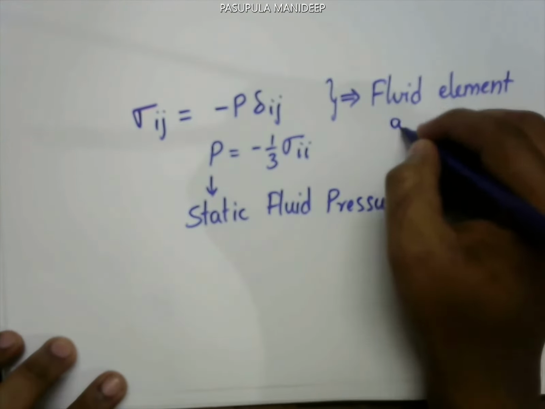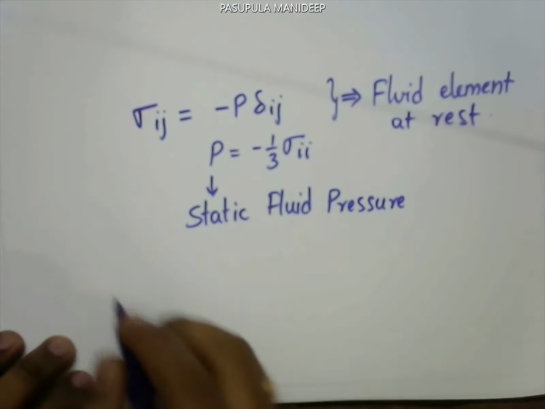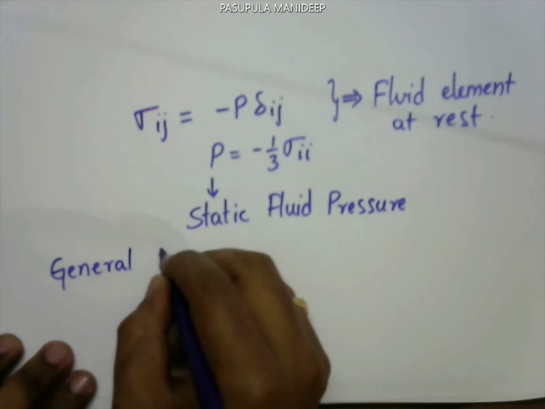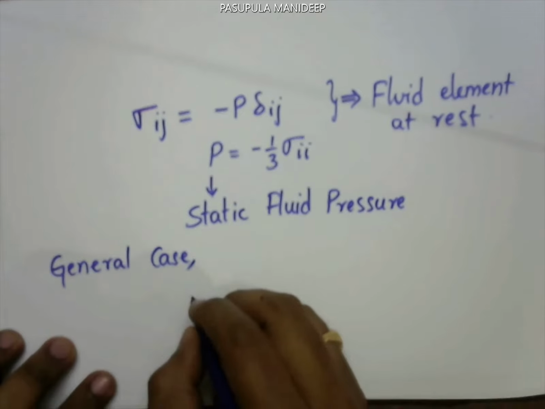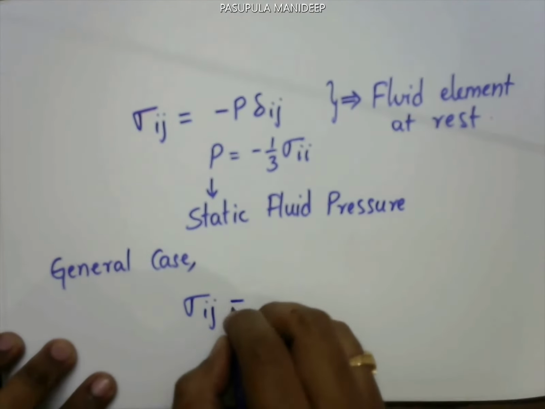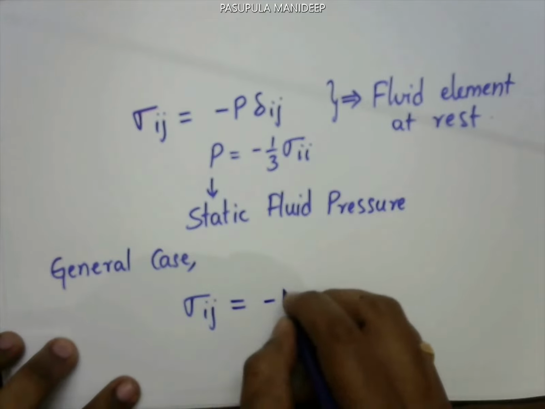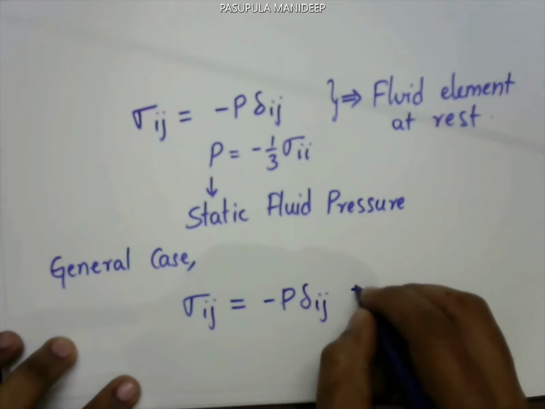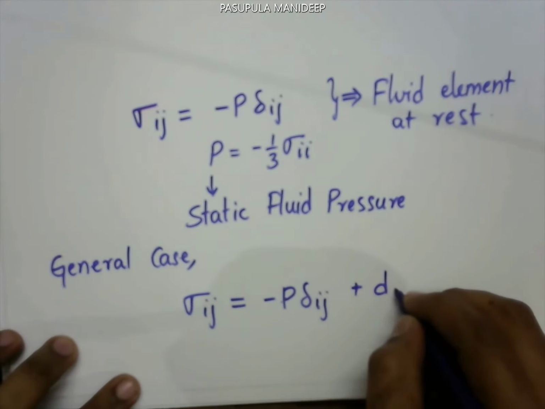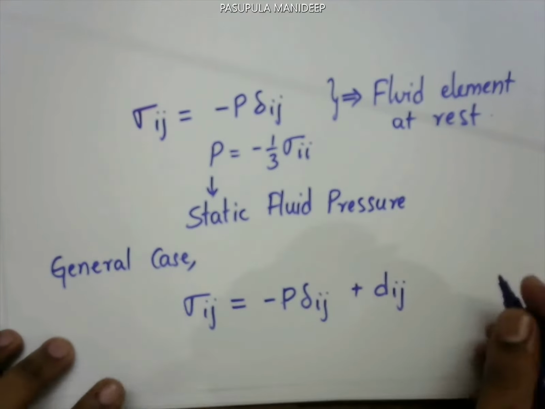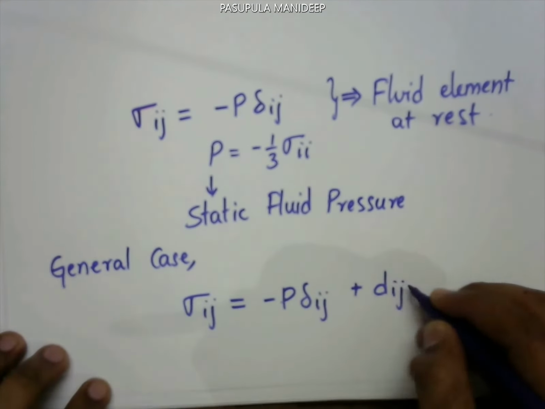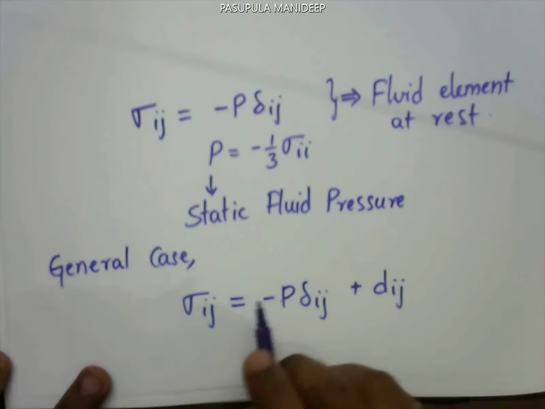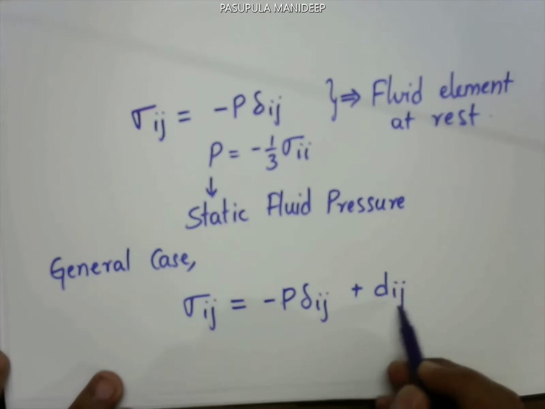If we consider a general case, we can write the stress tensor as minus p delta ij, which is the isotropic part, plus, as we derived, a deviatoric component, which in the static fluid case will be 0.